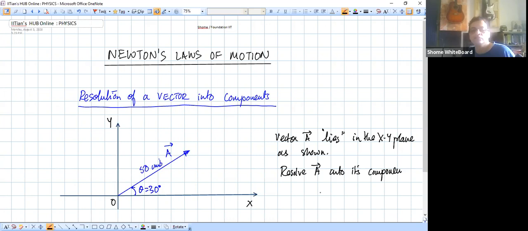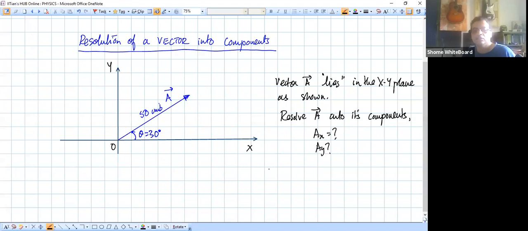That is, in other words, find the x component and the y component of the vector, and then further, let us say we want to express the vector in terms of the unit vectors i cap and j cap.